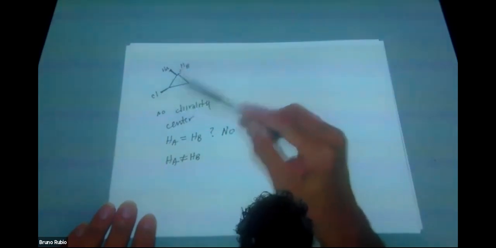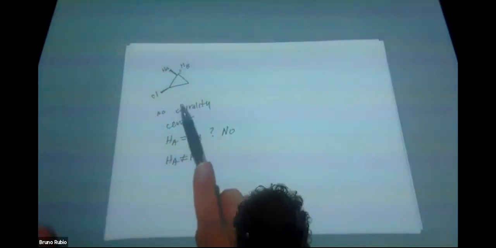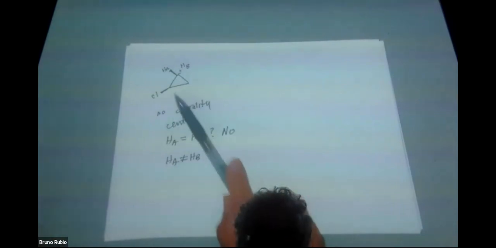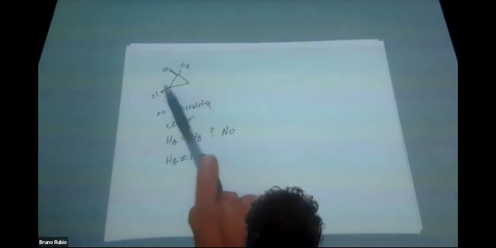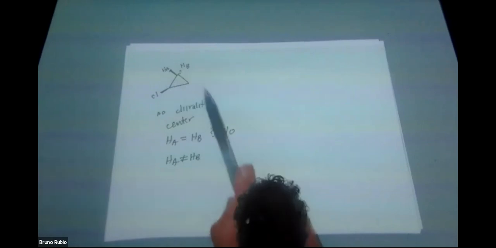They're in totally different chemical environments. So this is an example of where symmetry is more important than the rapid mechanism. Why? Because a rapid mechanism does not operate in this molecule. There is no rotation of a single bond that puts A where B is and B where A is. The molecule is rigid.